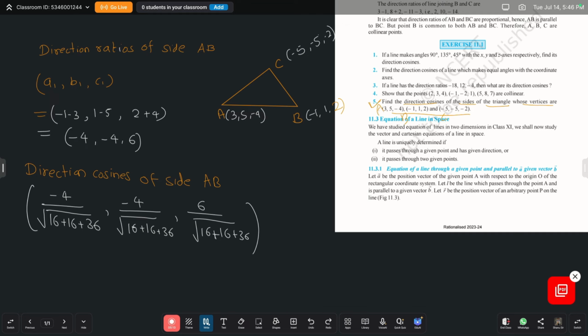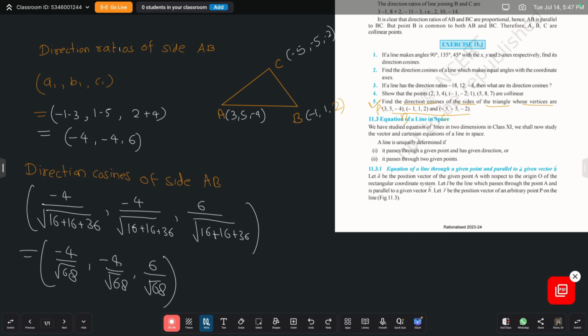So these are the direction cosines. Simplify: 16 plus 16 is 32, plus 36, how much? 68. So minus 4 upon root 68, minus 4 upon root 68, and here 6 upon root 68. These are the direction cosines of side AB.